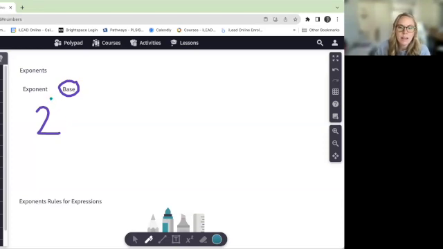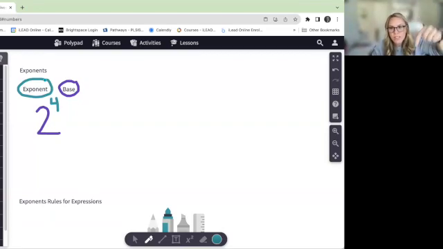So we'll say an exponent of 4 for this one. When we look at this in math and we see the big number with the little number, we call the whole thing an exponent because it has an exponent on it. But really, that term is just referring to the little tiny number up in the top corner. The base is the big number. So all exponents are made up of an exponent and a base.